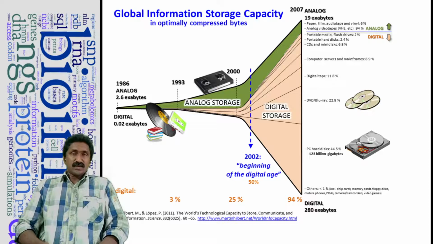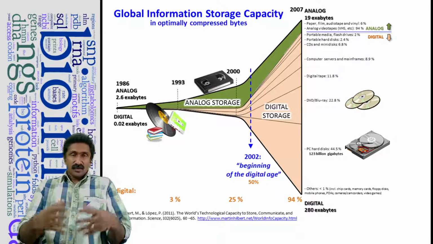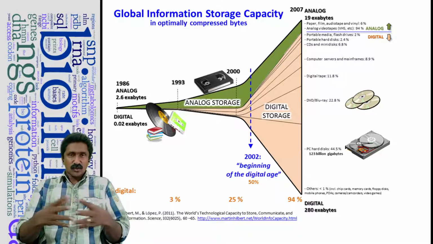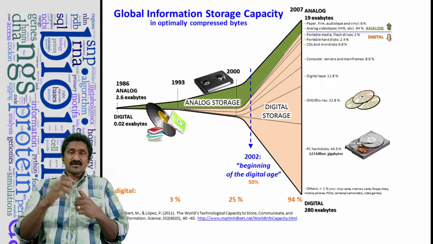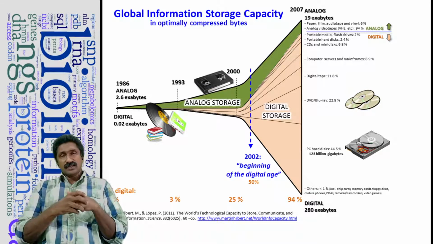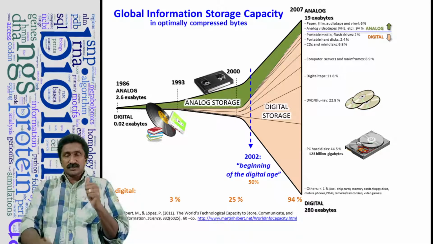By 2000 to 2007 there was no smartphone, and we didn't have such personal storage capacity in smartphones and digital devices. It was not so popular, but still at the time we had 280 exabytes of data, which is mostly common spaces, not personal spaces.